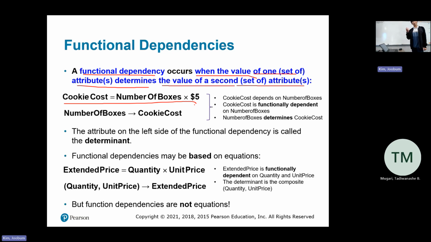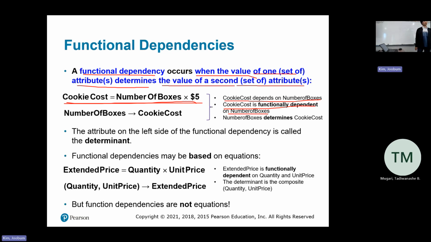So to get the total cookie cost, we have to know the number of boxes: maybe five times five, $25; 10 times five, $50. So from this description, you can say that cookie cost depends on number of boxes. Make sense? In other words, cookie cost is functionally dependent on number of boxes.